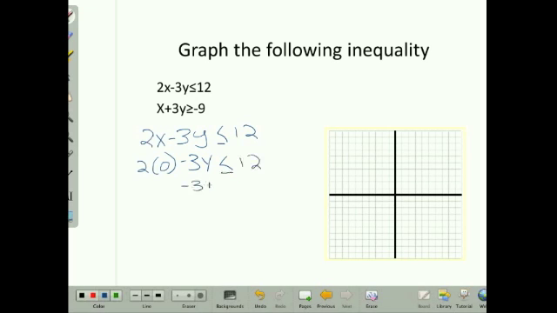Negative 3y is less than or equal to 12. Remember that when we divide by a negative, our inequality sign is going to change. So in this case, y is greater than or equal to negative 4. So I'm going to plot my point at negative 4 on my y line.